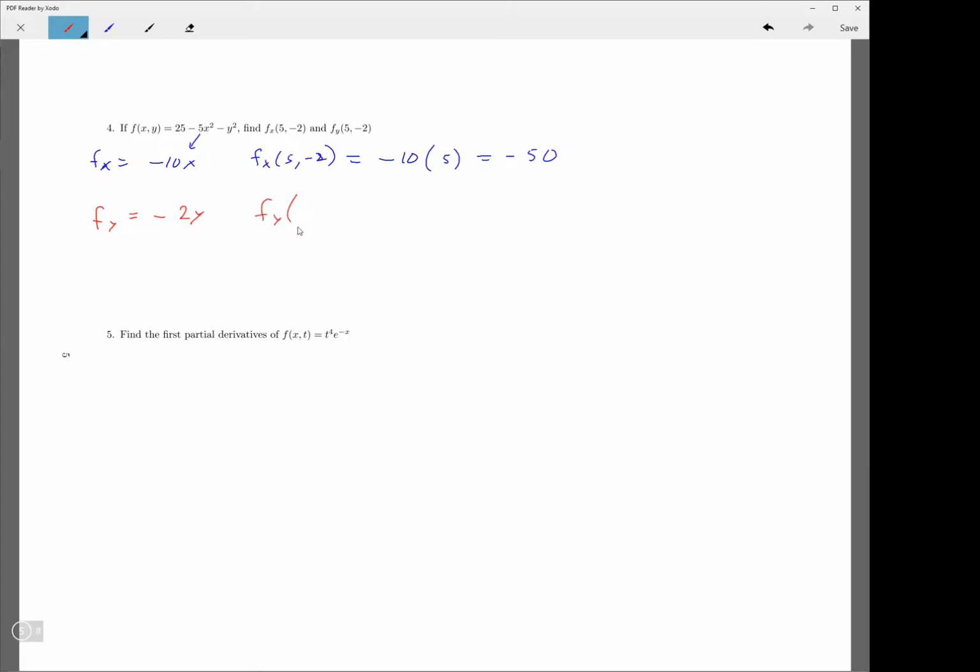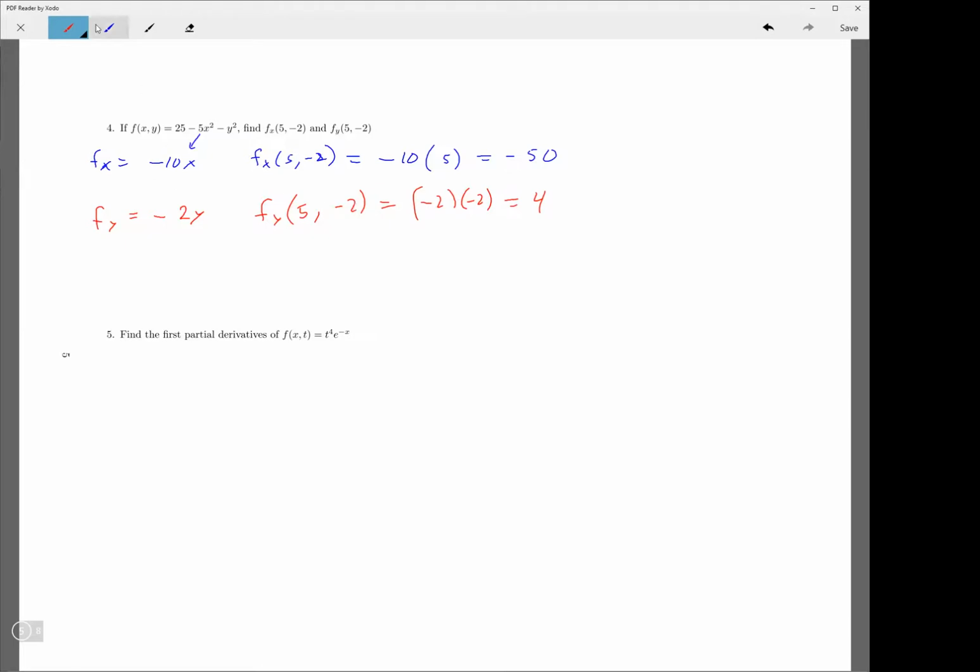So plug a 5 in for x and a negative 2 for y, and that's going to be positive 4. Okay, so 4 is the answer to that part. It's one of the parts of number 4.